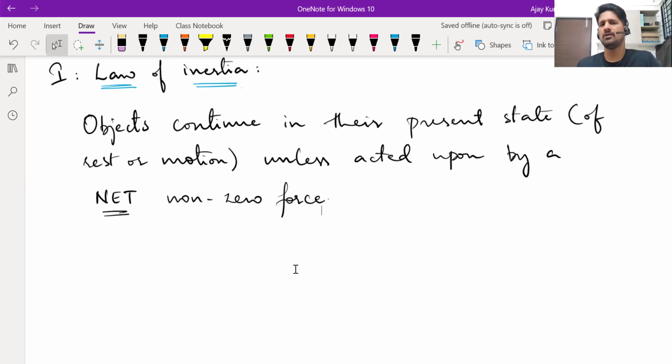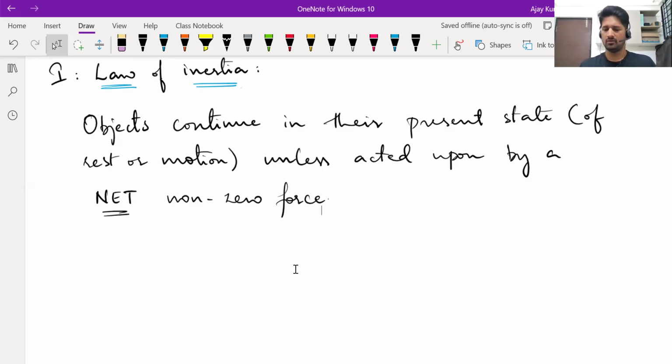Okay, Vanilla, what do you say? A statue is at rest, it continues to be at rest. Do you think there are forces acting on it, but still it is at rest? Or do you think there are no forces, that's why it is at rest? Gravitational forces. Earth's gravity will definitely be there, right?